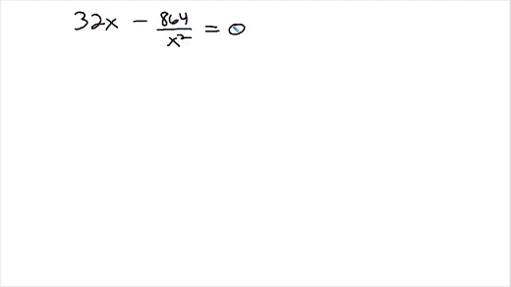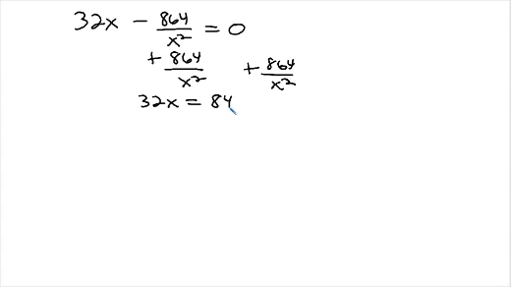At this point, I would probably add this thing to both sides. So I have 32x equals 864 over x squared.